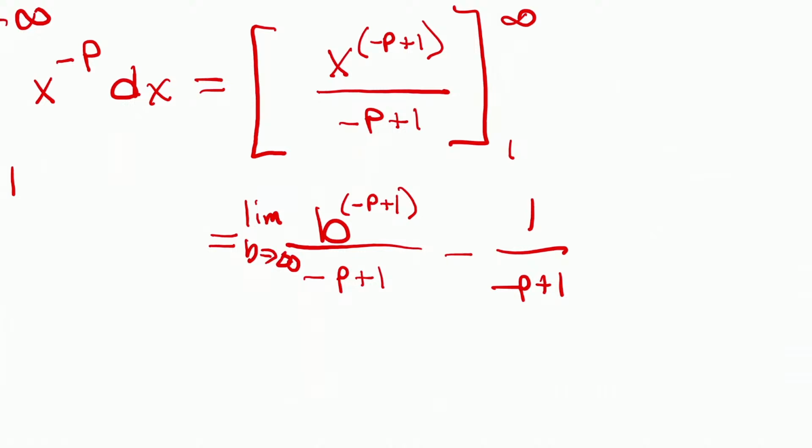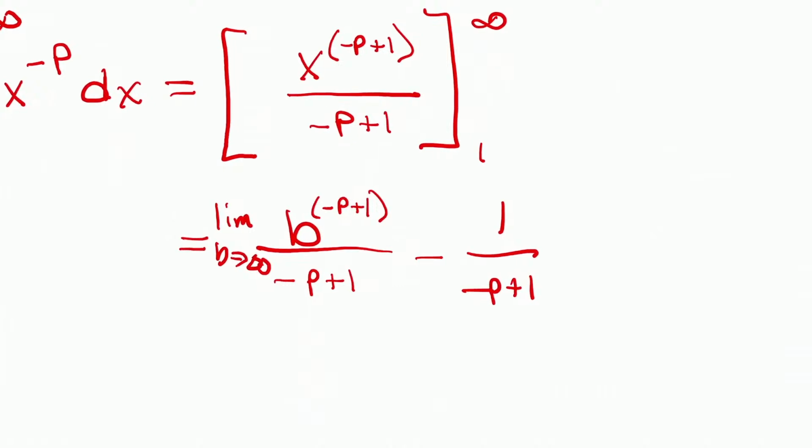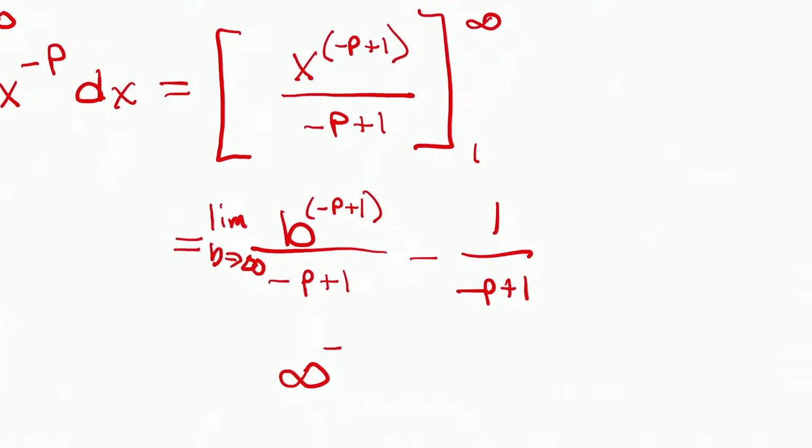If I used p equals negative 1, then what I'd have here is basically infinity to the negative 1 plus 1, which is infinity squared. Darn it. Infinity squared. I just don't like writing infinity to a power.